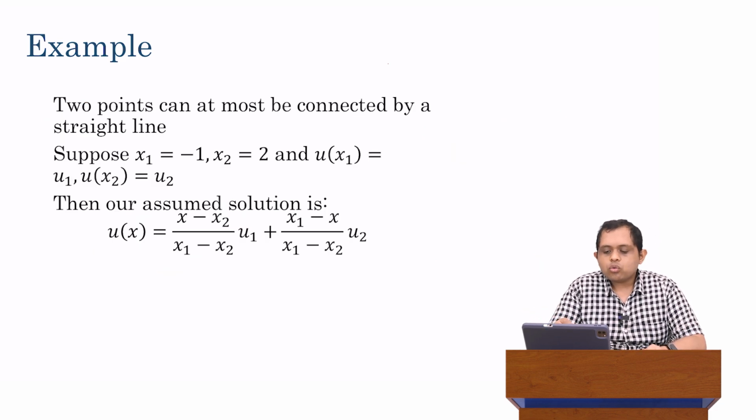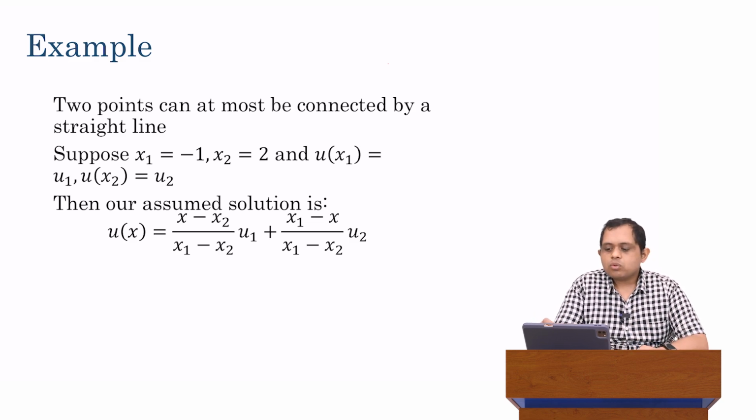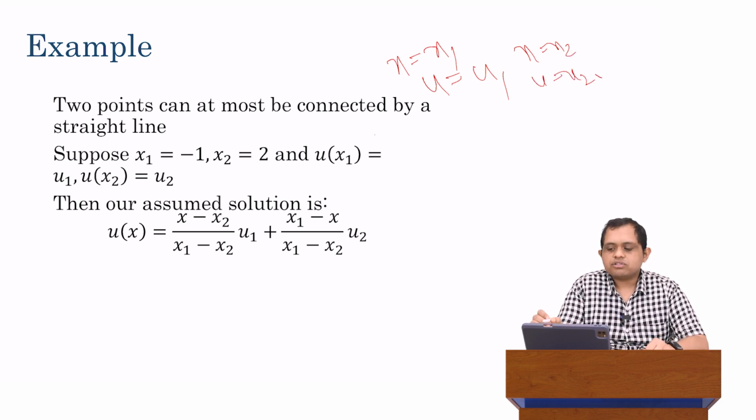Okay, so what we need is an equation of this straight line. So what I have is at x is equal to x1, I have u is equal to u1, and at x is equal to x2, I have u is equal to u2. I need to write some equation, which is going to be a linear equation, that relates u of x at any point with x1, u1 and x2, u2.